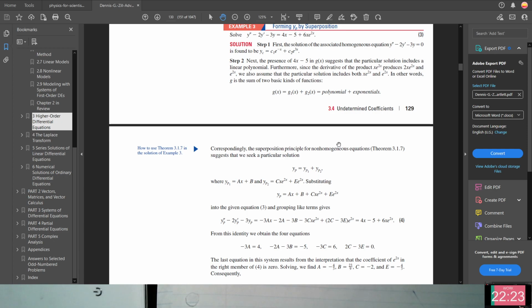Okay, think for a second. Combining like terms, you get all that stuff. You obtain the four equations. How are you obtaining anything?